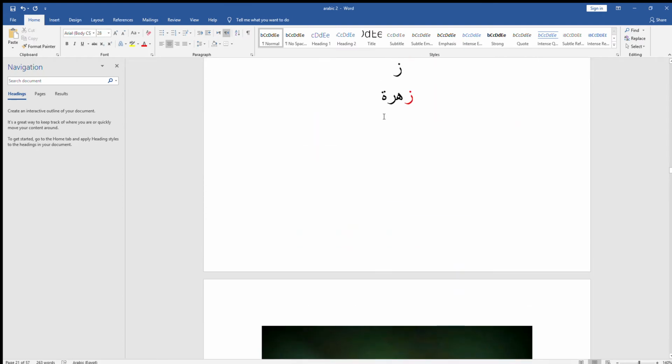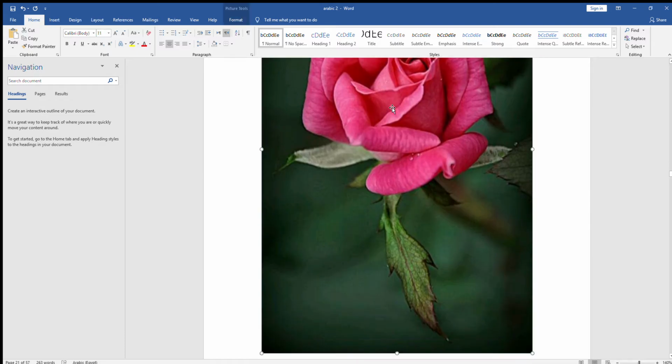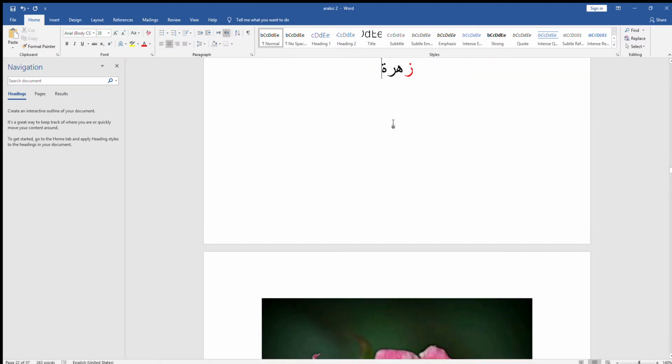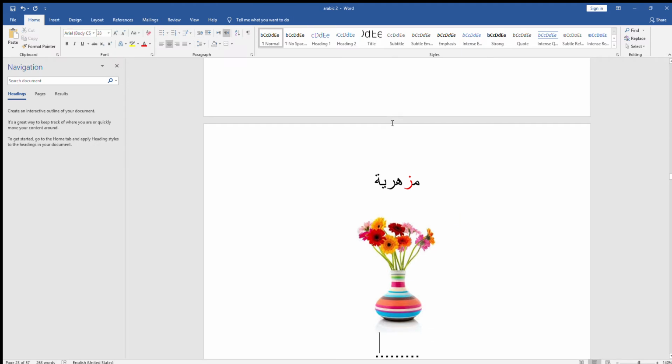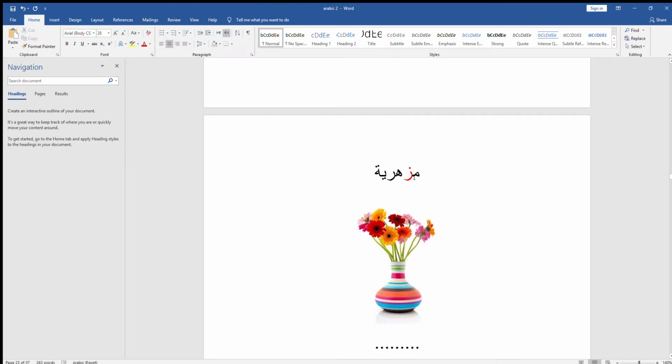زاي at the beginning of the word, like زهرة. You can recognize زاي is not attached to the next letter. This is زهرة. زهرة equals وردة. مزهرية: زاي between two letters. You can recognize that زاي is attached to meem but not attached to ha.